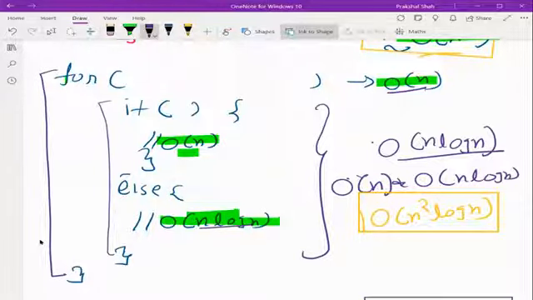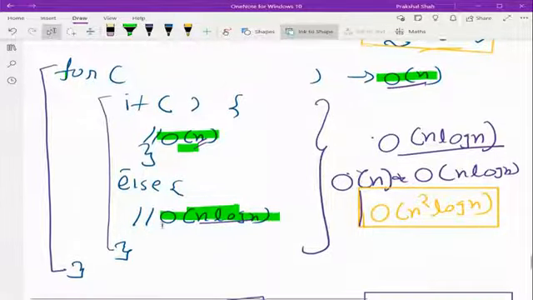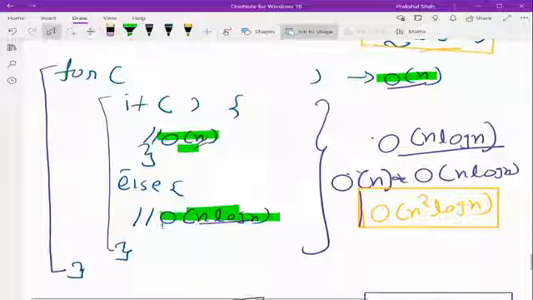If my n is so big, then what will be my maximum time taken? It will be n square log n. Okay Nishant, everyone else got this? Yes or no people? Great?